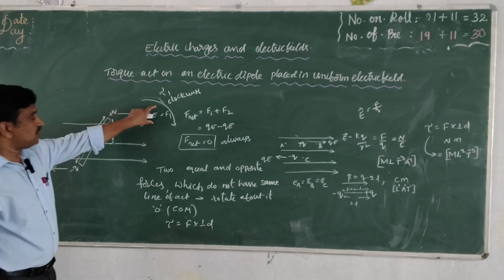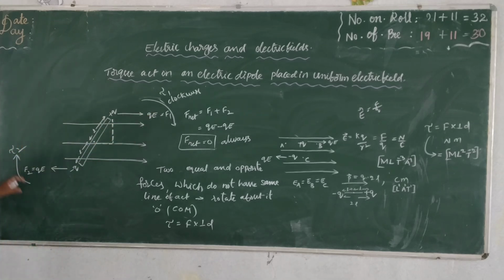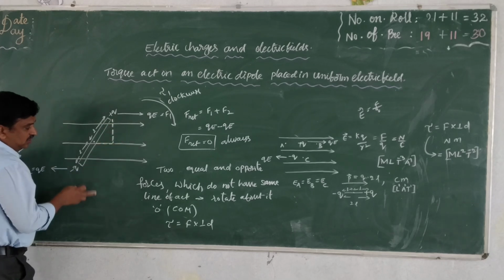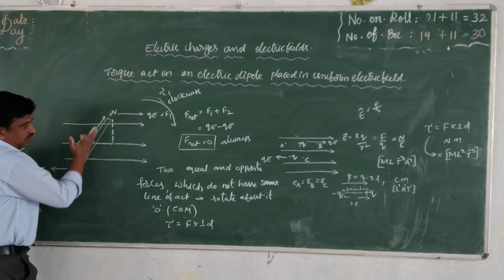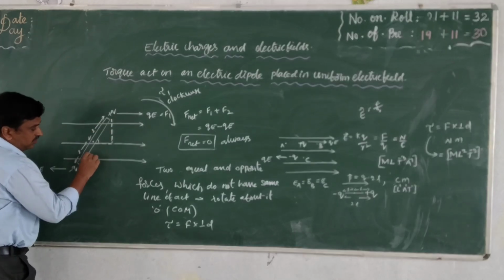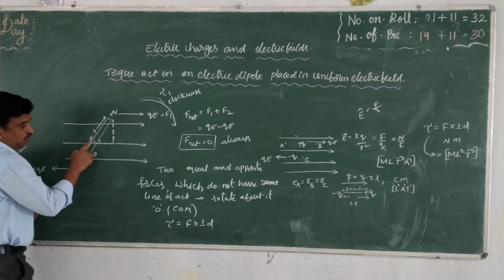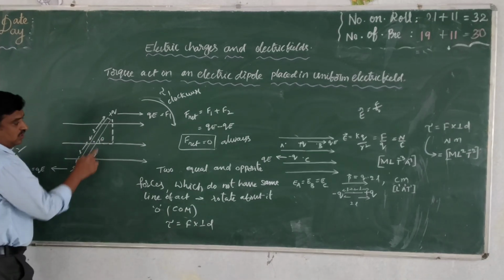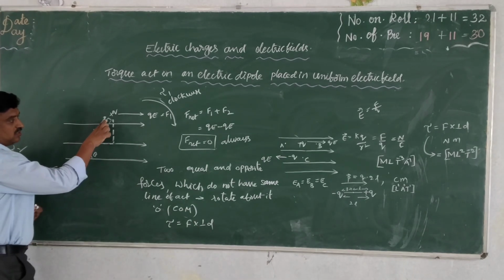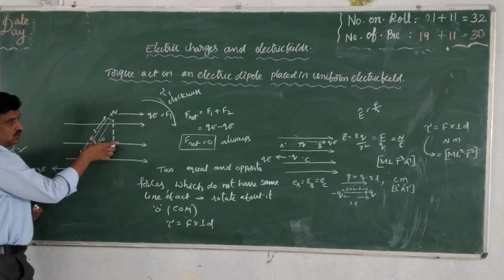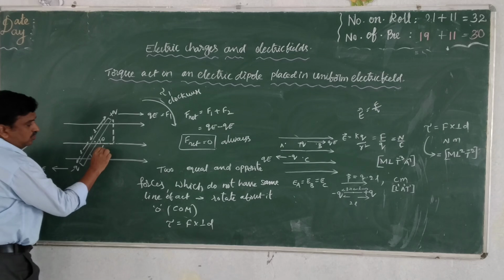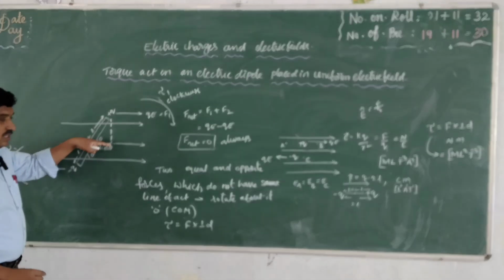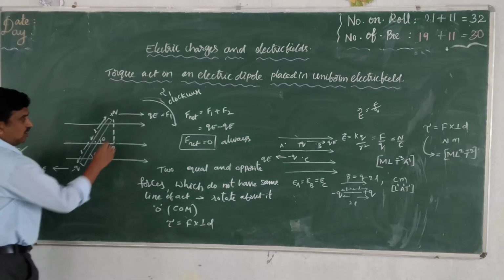See, here the torque is tau 1, here the torque is tau 2. Now the perpendicular distance: this is the electric field, and this electric dipole makes an angle theta with the electric field. So here theta, and here also theta. This length has two components, one is L cos theta and the other L sin theta. Why? Because the side adjacent to theta is L cos theta, and the opposite is L sin theta.